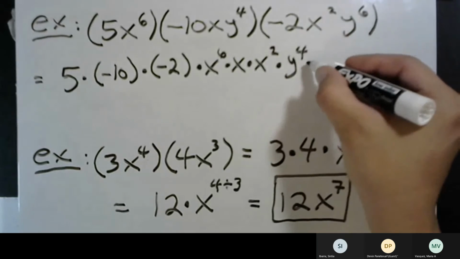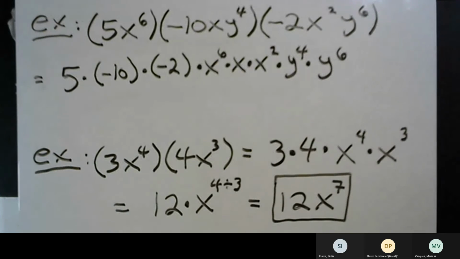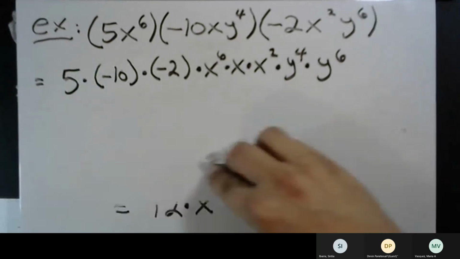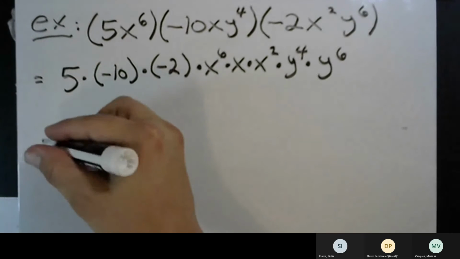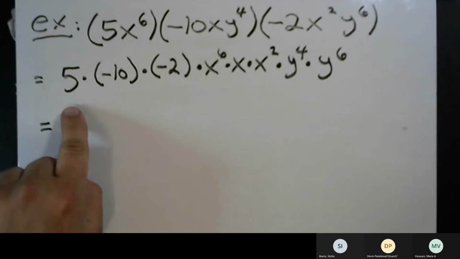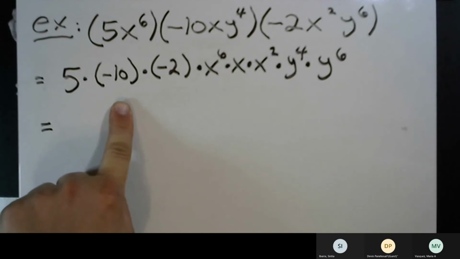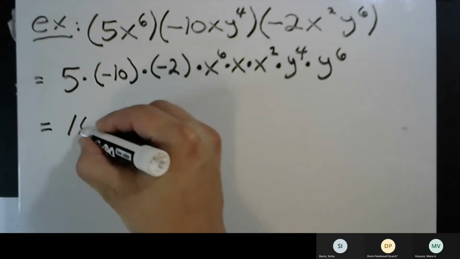Our y's. And so when we do this, 5 times negative 10 is negative 50, but negative 50 times negative 2 is positive 100.